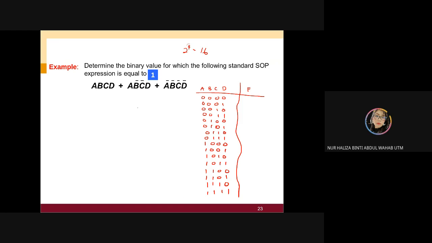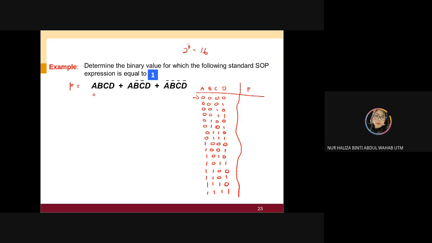Okay, just now we learned direct, right? So to prove the scenario, you have F equal to this plus this plus this. Now we look into the first scenario. A is 0, B is 0, C is 0, D is 0.